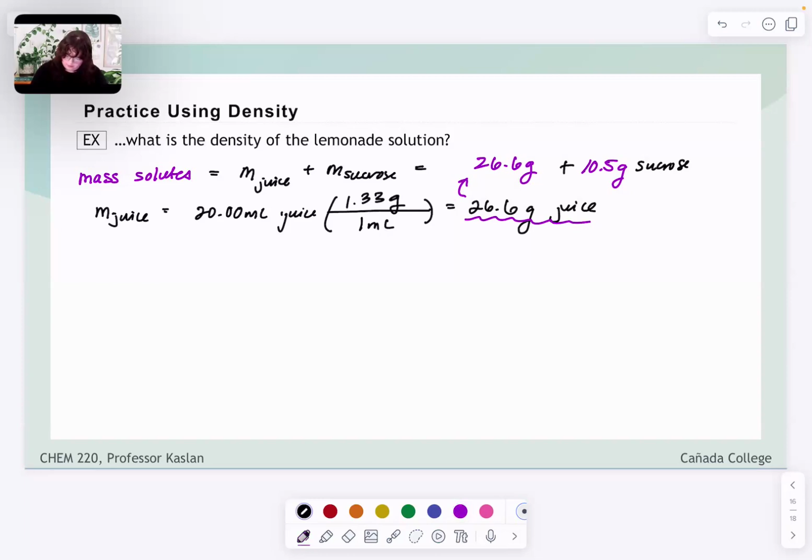So in total, our mass of solutes is equal to 26.6 plus 10.5. This gives us 37.1 grams of solutes.